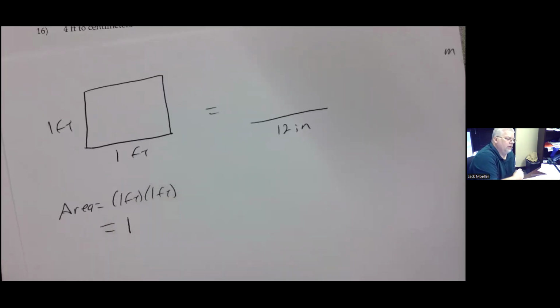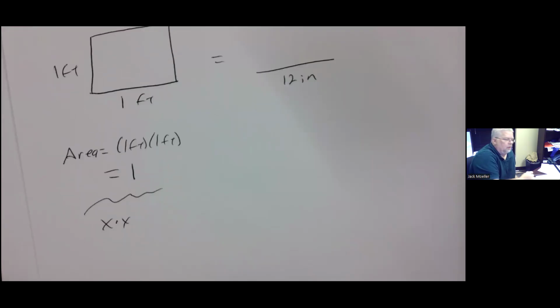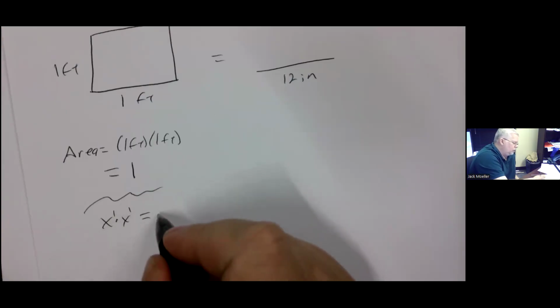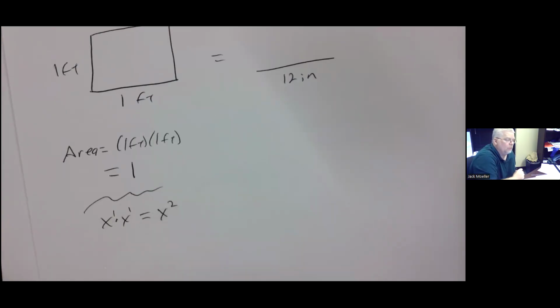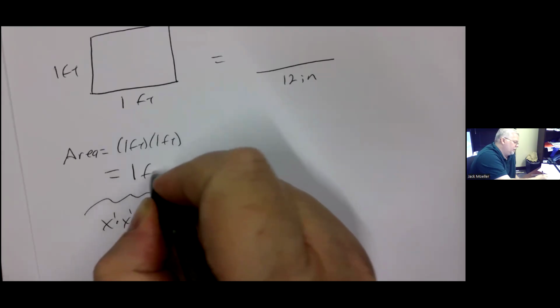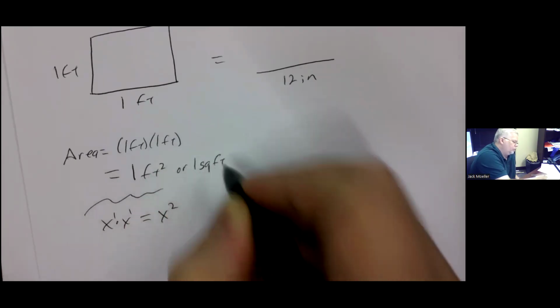Often the answer I get is that it's just a foot. But what is x times x? That's x squared. You add the exponents, and we use exponents for repeated multiplication. So if x times x is x squared, then feet times feet is feet squared, or 1 square foot, if you prefer to write it that way.